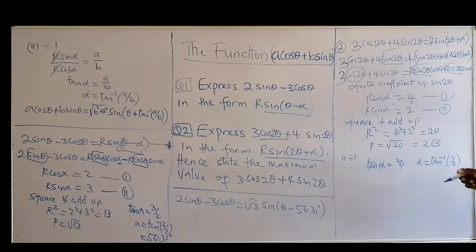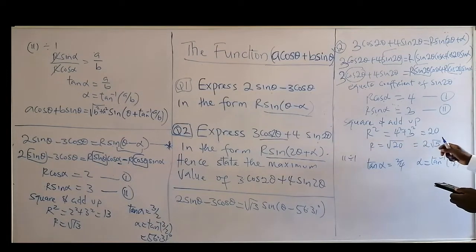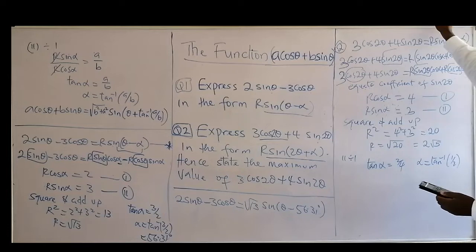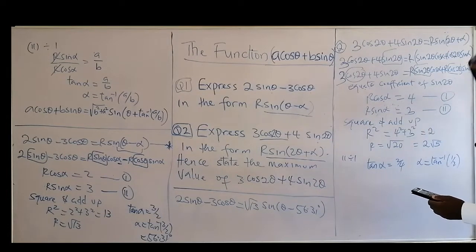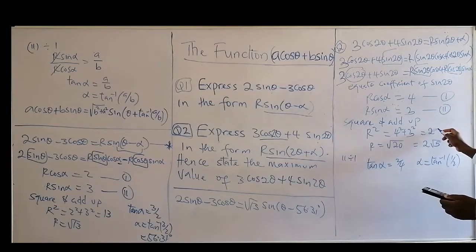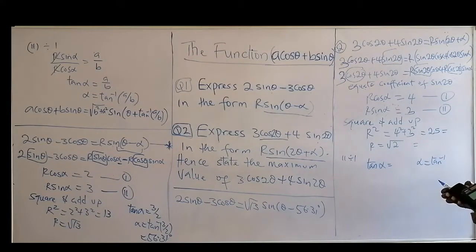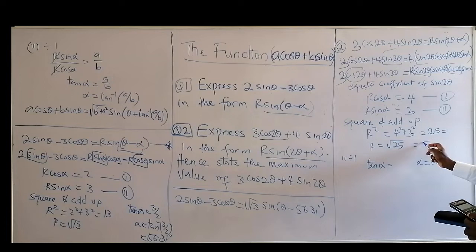So the coefficient of cos 2 theta is 3. So that will be 4 squared plus 3 squared, which is 16 plus 9. That's 25. And r is root 25, so that's 5 here.